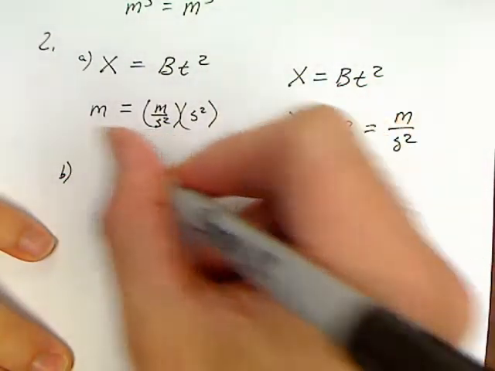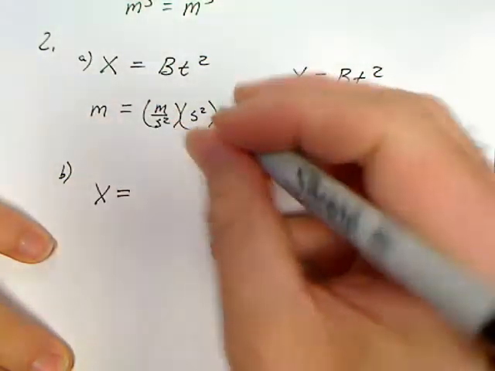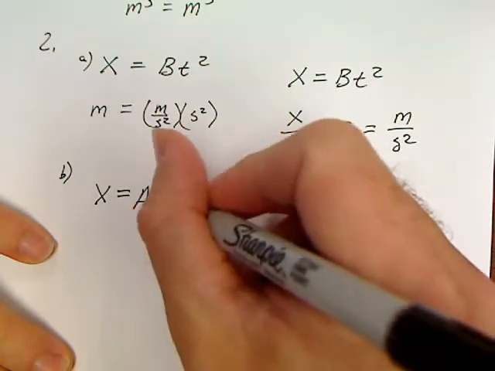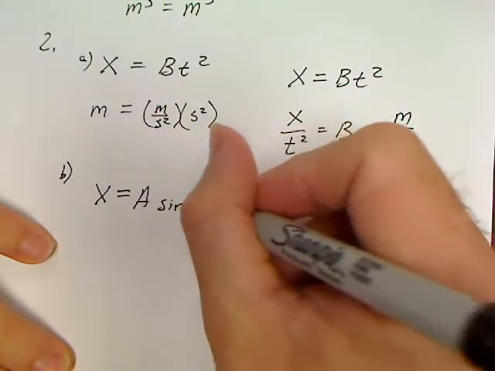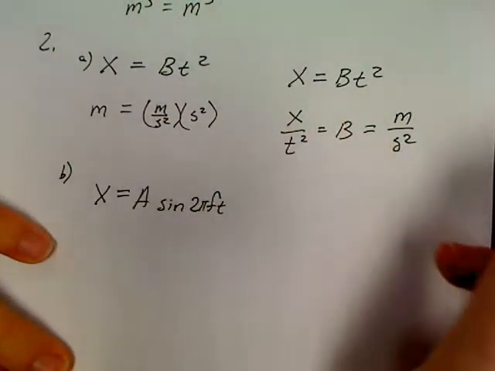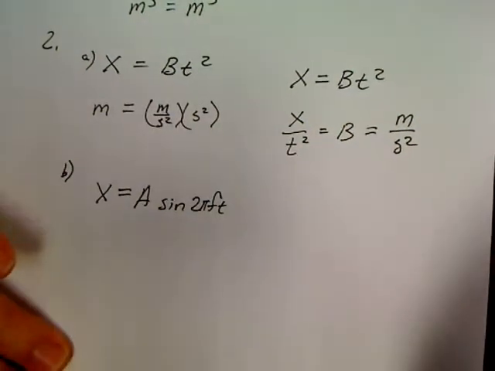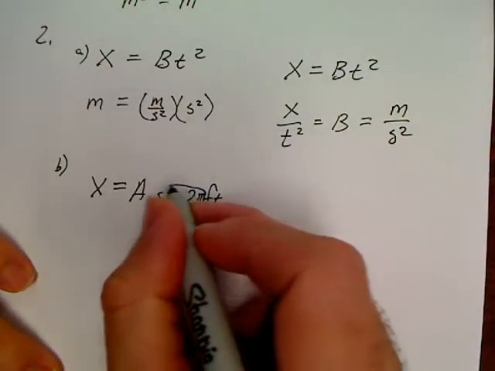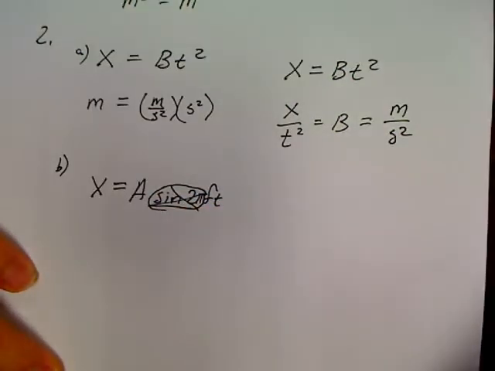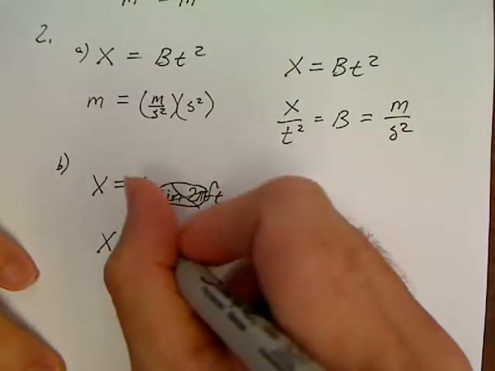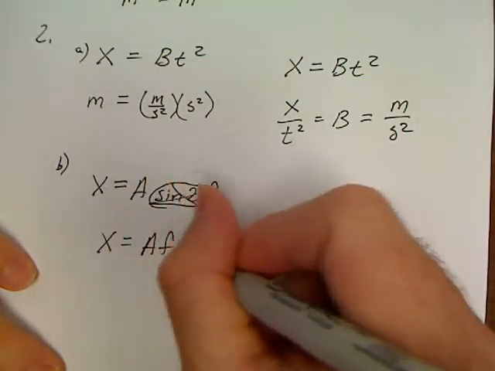B says, given the equation x equals amplitude times sine of 2 pi f t, what is the unit for A? First of all, sine 2 pi, I don't care about any of that. There's no units. So I've got x equals A f t.